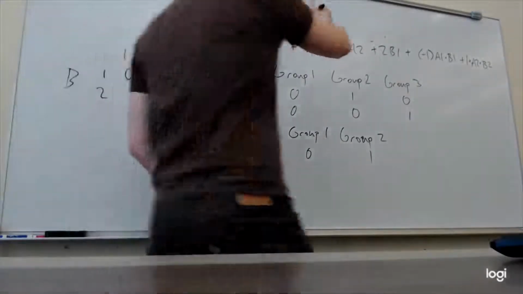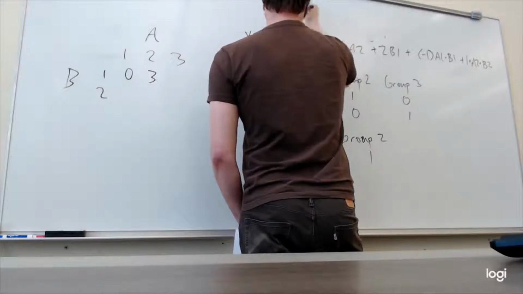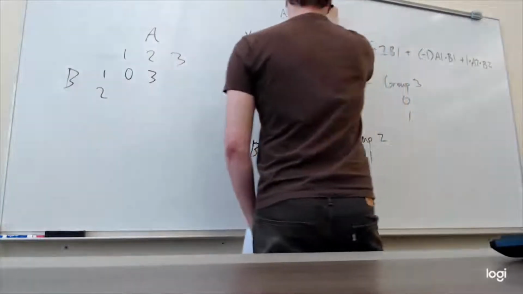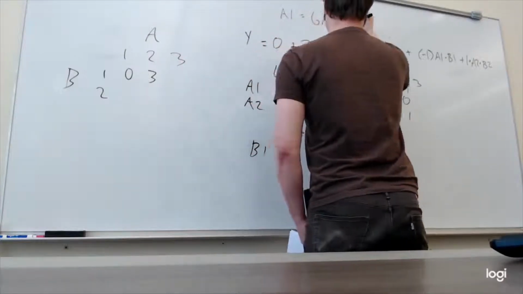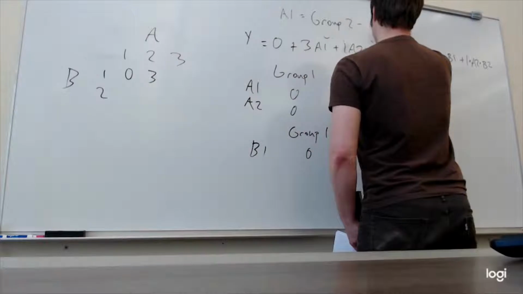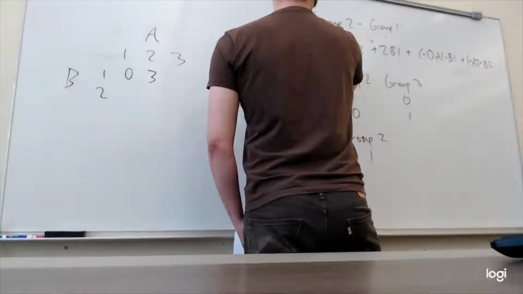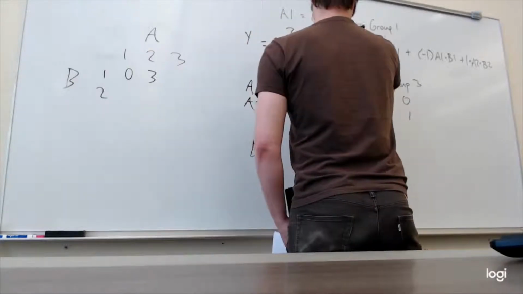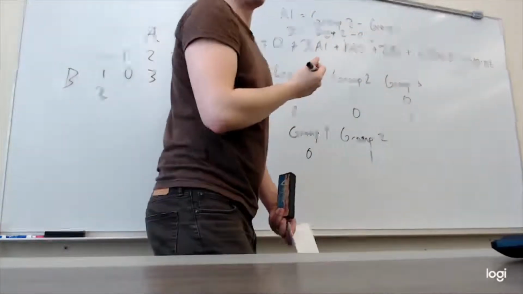Yeah, that's just what I showed. You could say the coefficient for A1 equals group 2 minus group 1. That would be 3 equals group 2 minus 0, and group 2 equals 3.